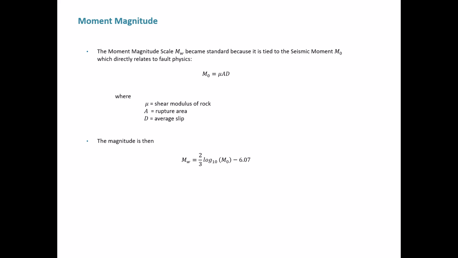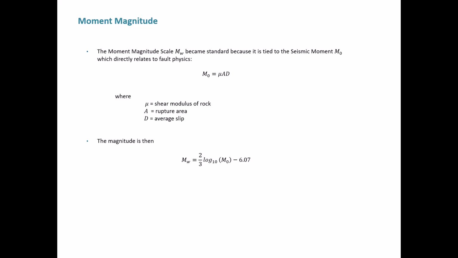So let's take a closer look at moment magnitude, M sub w. It's calculated from something called the seismic moment, as we mentioned, M sub 0, which directly relates to fault physics. So M sub 0 is equal to mu times A times D, where mu is the shear modulus of the rock, A is the rupture area, and D is the average slip.